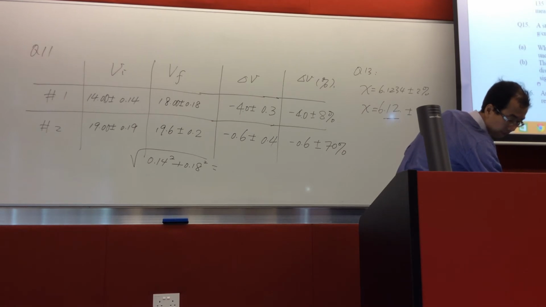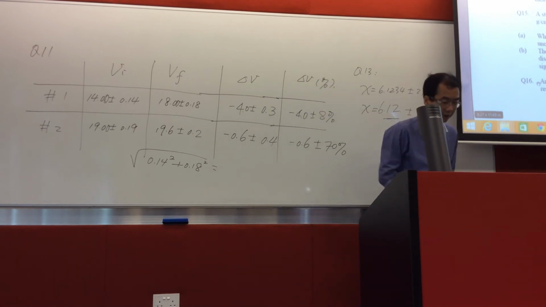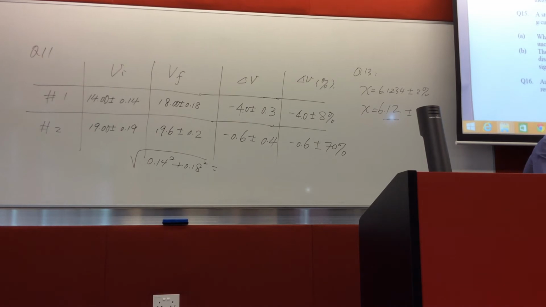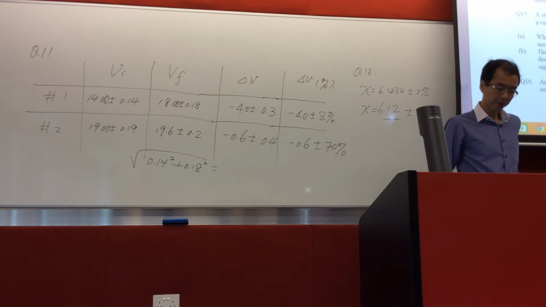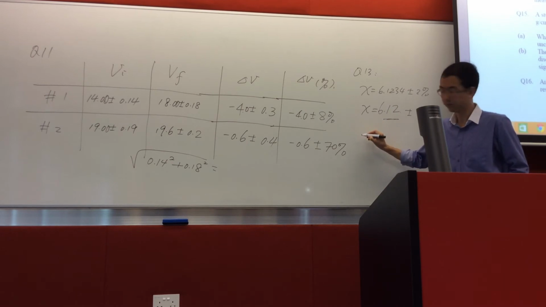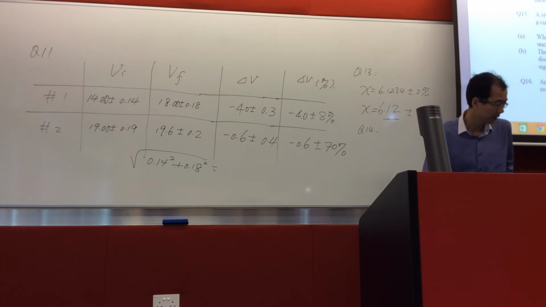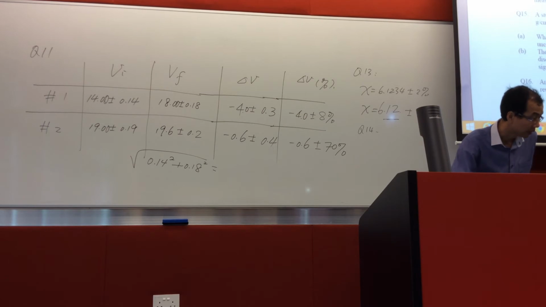Okay, question 14. Two students measure the length of a rock and report their results: one is 135 plus minus 3, and the other is 137 plus minus 3. Is the discrepancy significant? You can explain this in multiple ways.